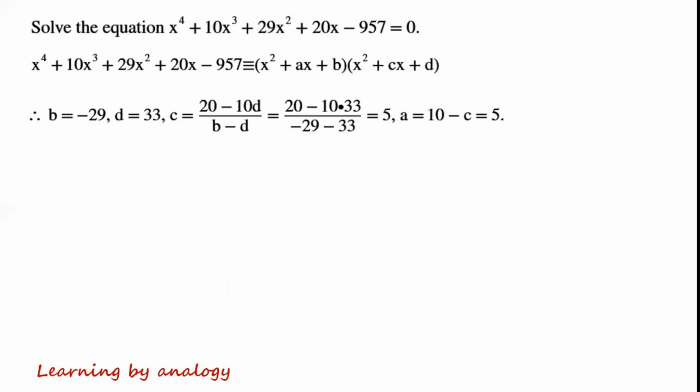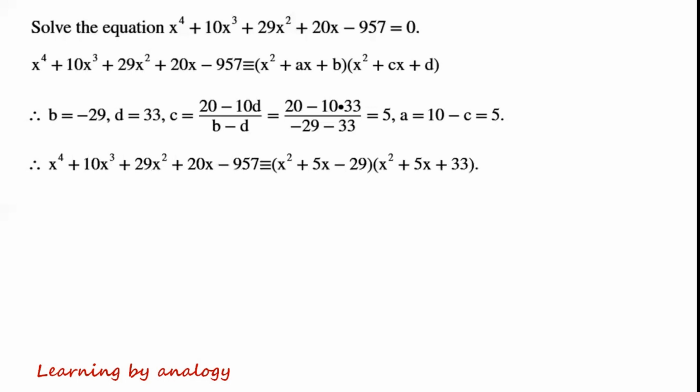So b equals minus 29, d equals 33, and c equals (20 minus 10d) over (b minus d), which simplifies to 5. a equals 10 minus c, which equals 5.